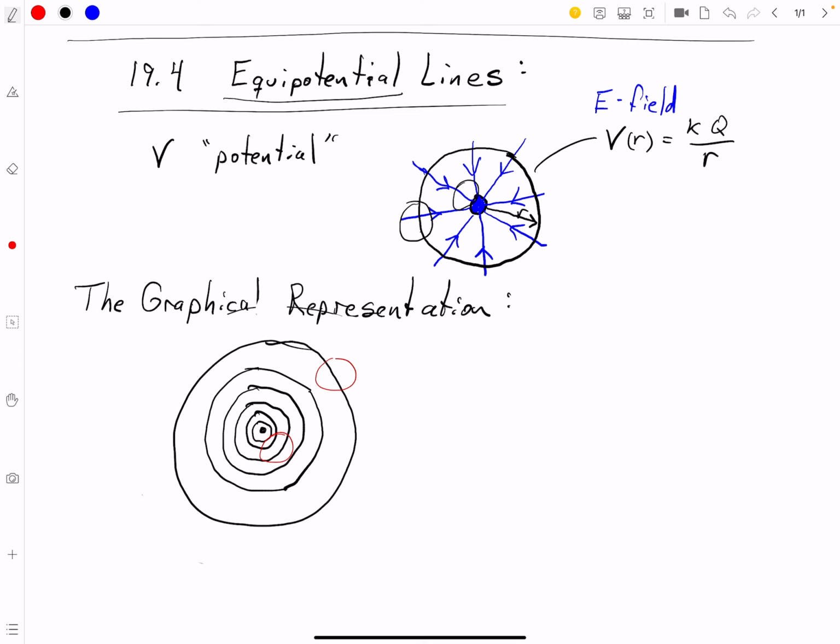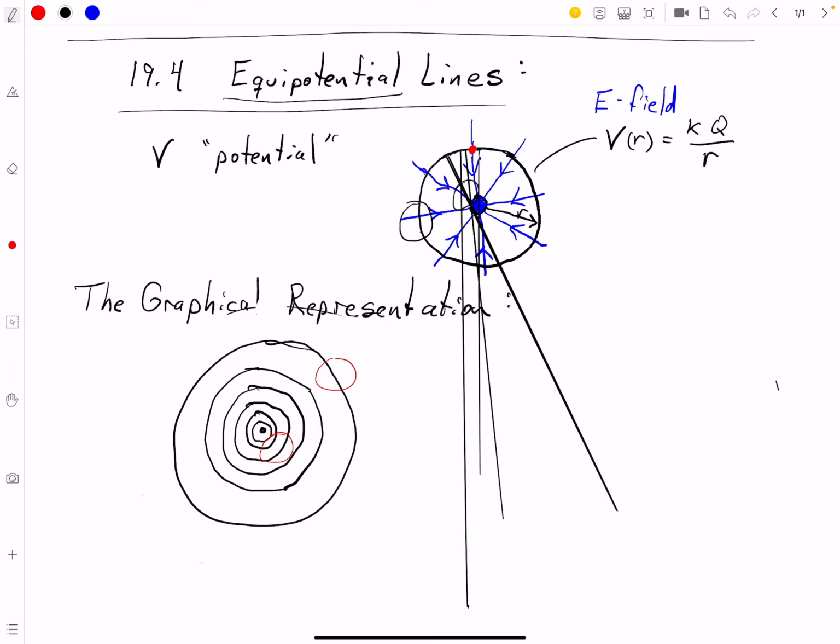One of the things is, and I don't know if you guys can tell this, but at every single point, I'm going to use red here. Let's say this point right here. Every single point, we have this E field coming in, and we have the cross field, the equipotential line.